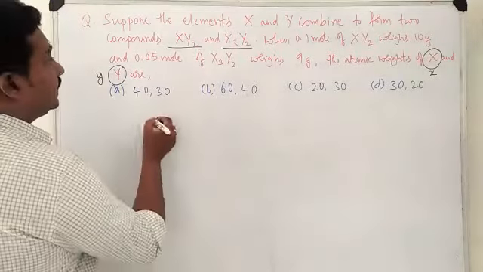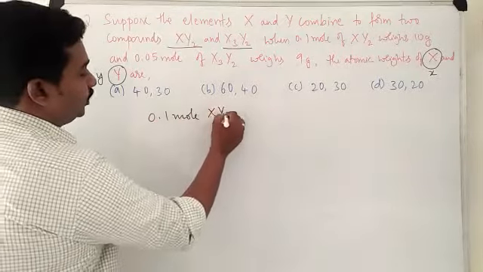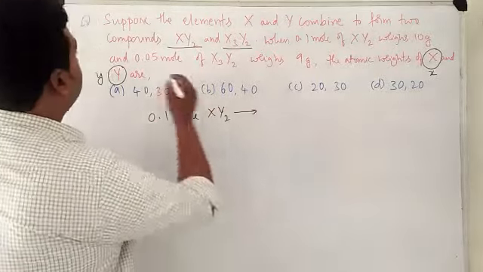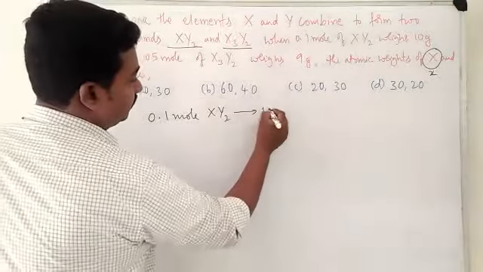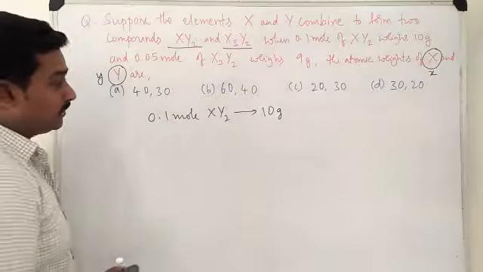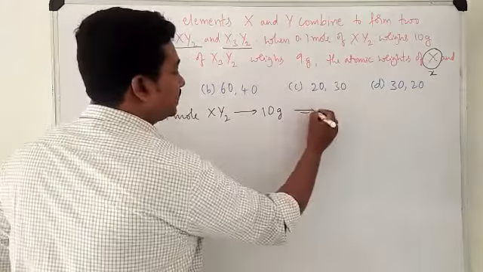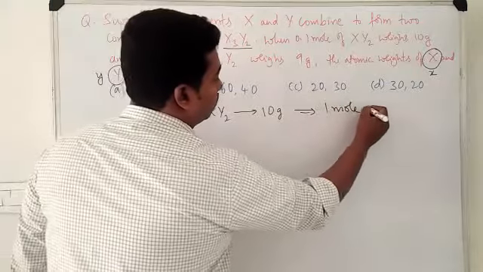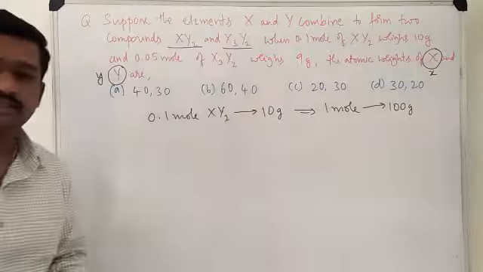Using the data given, let us find out the atomic weights of X and Y. It is said that 0.1 mole of XY2 weighs 10 gram. If 0.1 mole weighs 10 gram, then 1 mole must weigh 100 gram. This is 10 times.